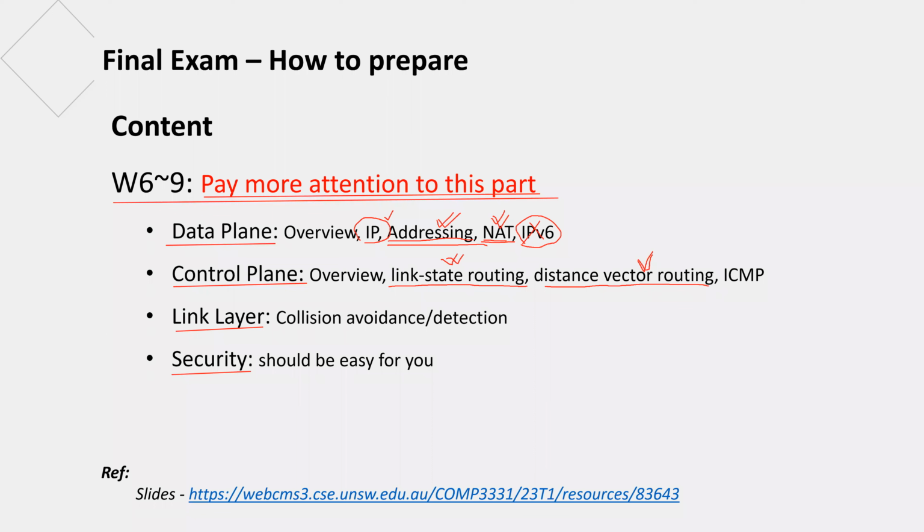So we will usually ask you about the first iteration, second iteration, and final iteration, etc. So you have to be very familiar with these concepts, and also go through ICMP.